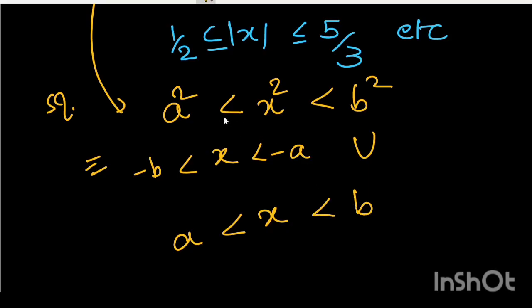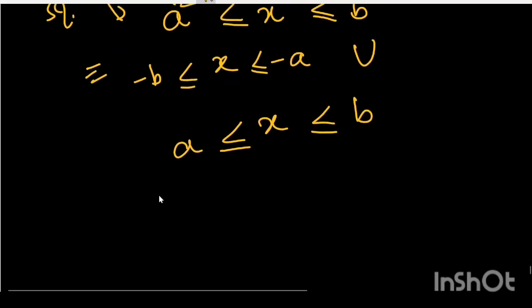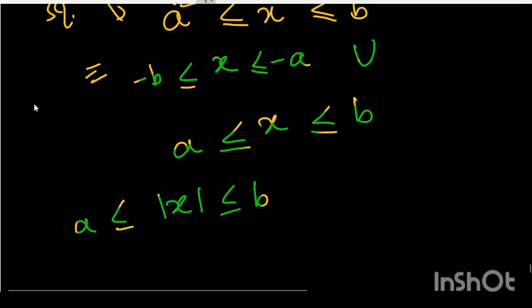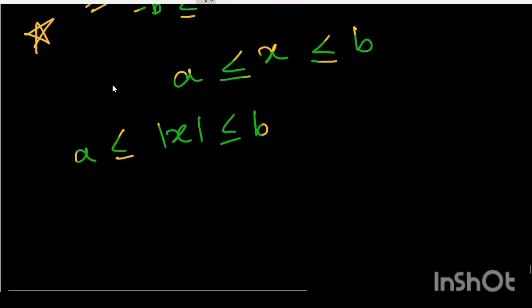And in case equality is at the side of a square, wherever there is a or minus a, that side we will place equality as well. If the equality is on both, we will place equality everywhere. So this is the solution of a less than mod x less than b, is this union this, which is x from a to b or x from minus b to minus a. So this is the next rule that we can use.